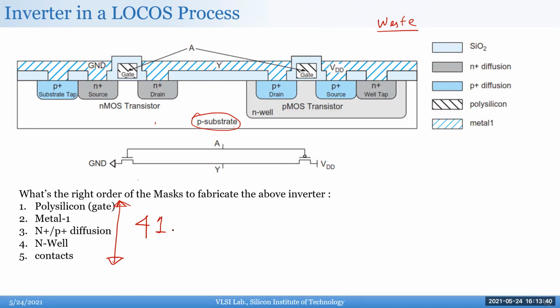So you do 4, 1. Then after that is your N plus P plus source and drain, right? So that will be 3. And then you do your contacts or your vias, right? That is 5. And then you do your metallization. So that's your sequence of steps. You just go in reverse in your stack.